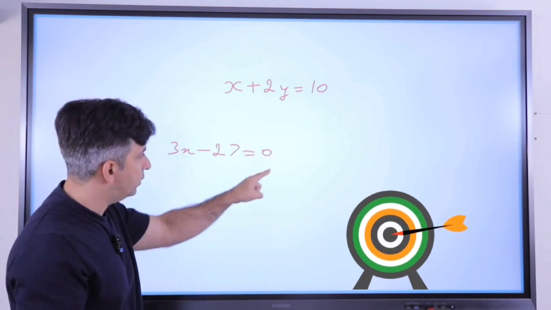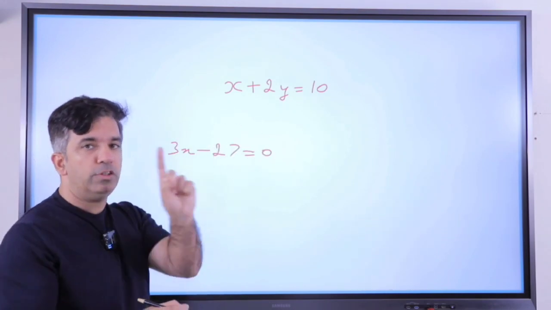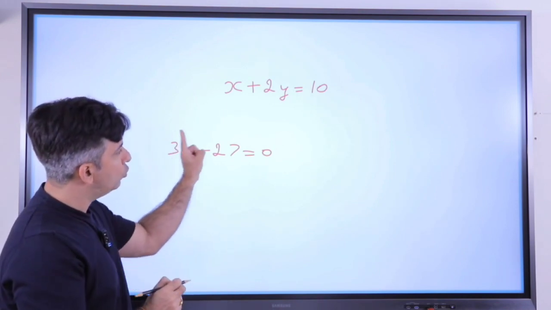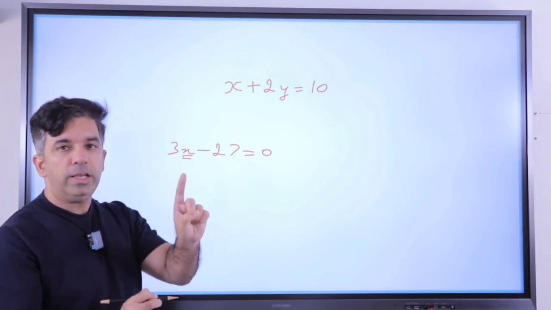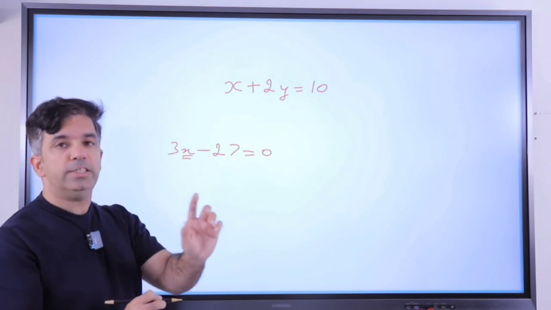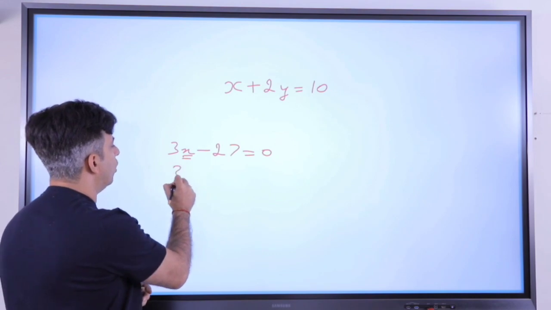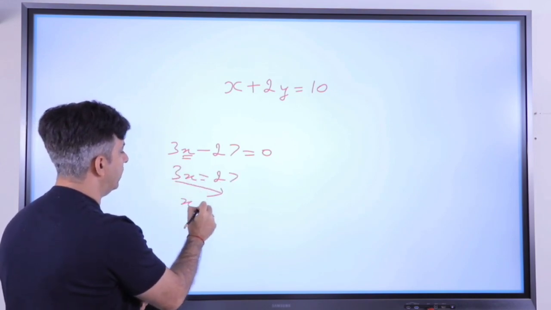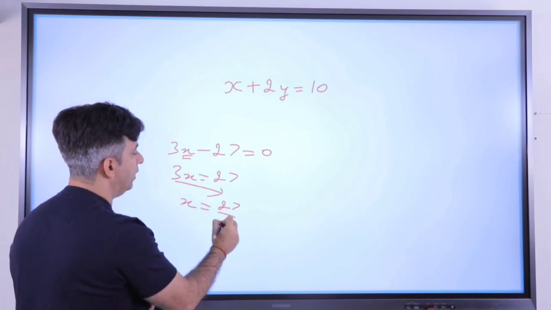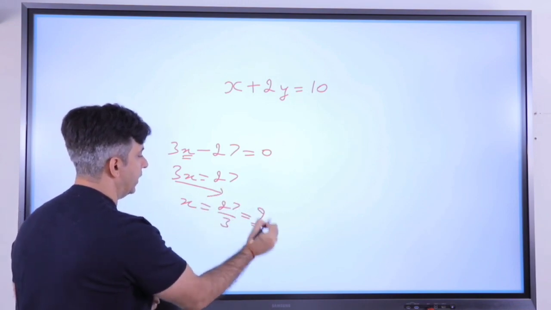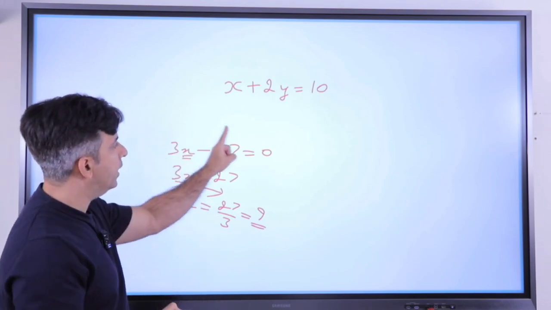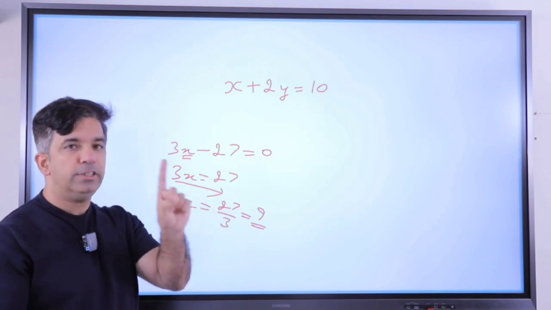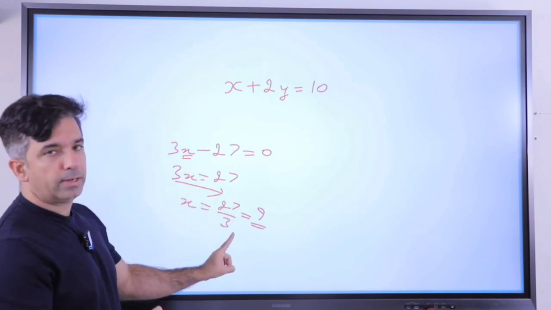With just one unknown x, we need just one equation. We can easily solve it: dividing by 3, x becomes 27 by 3, that is 9.